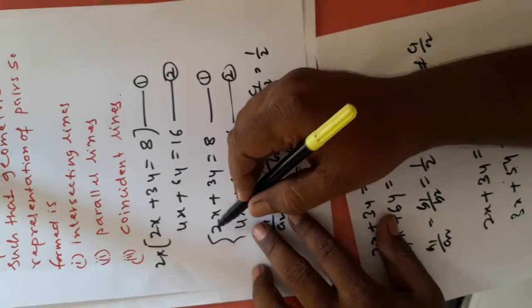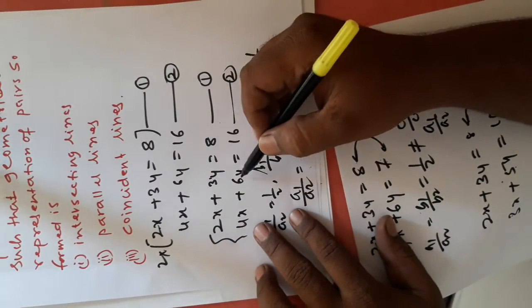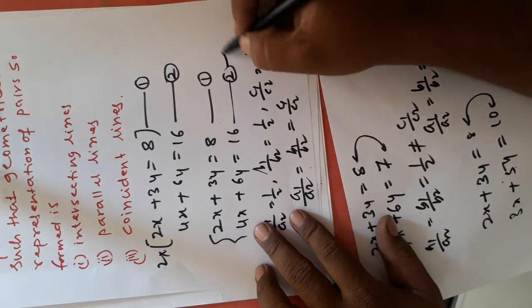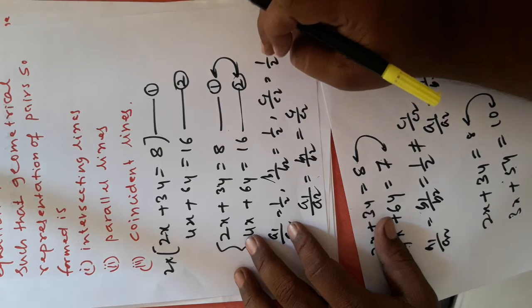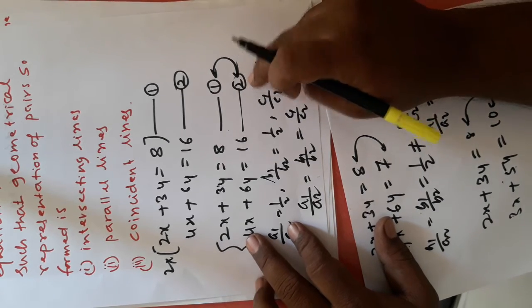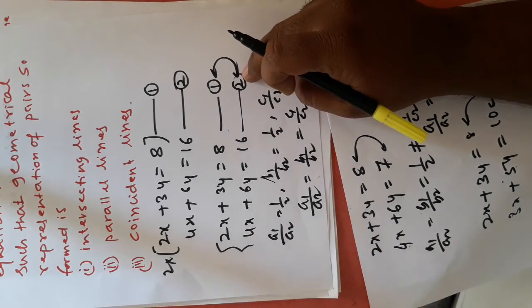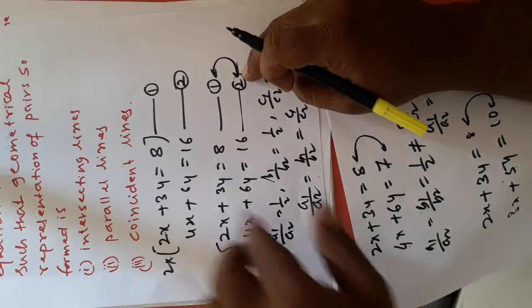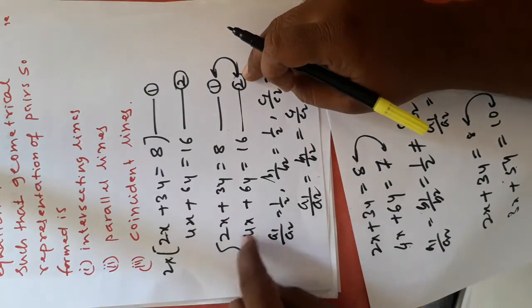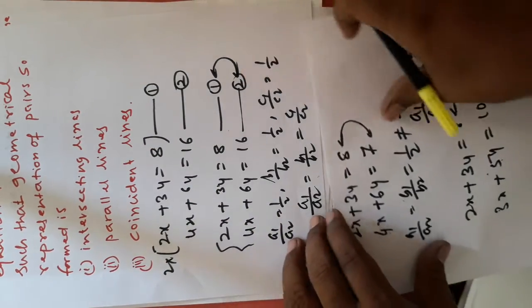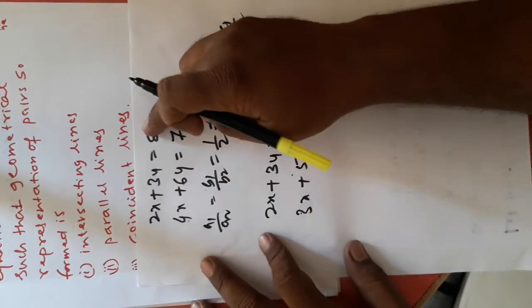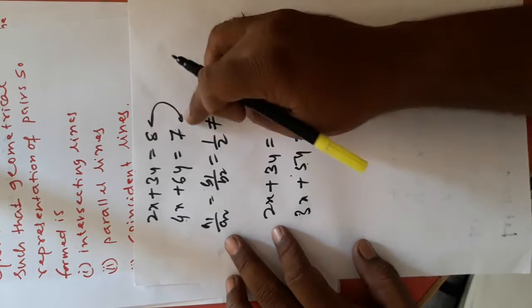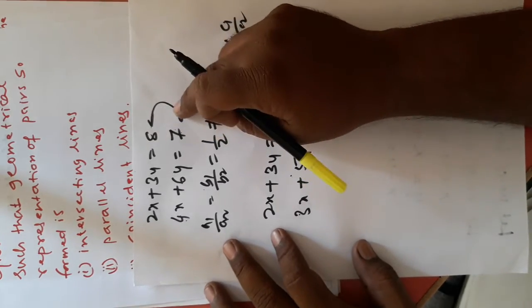If a1 by a2 is equal to b1 by b2 is equal to c1 by c2, then these two will be coincident lines. This is one possible equation I told. You can write so many equations like this. It should be coincident with this. If a1 by a2 is equal to b1 by b2 and we write c differently, then you can say these are parallel.